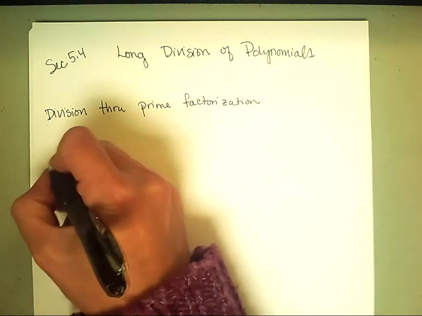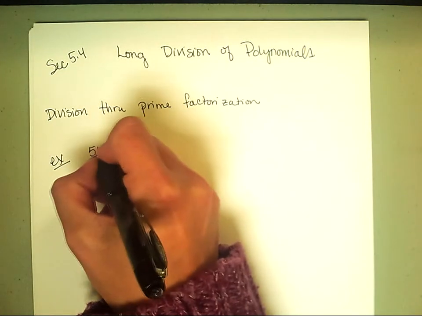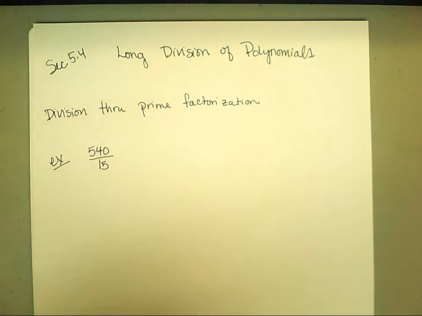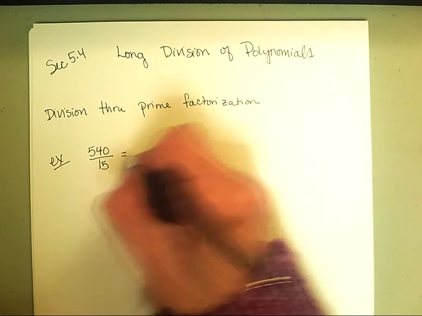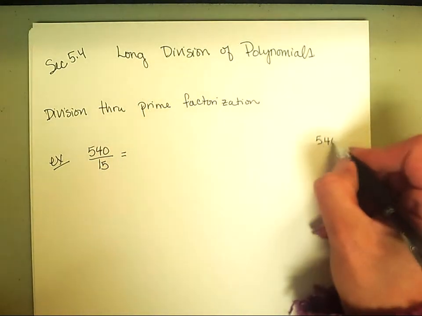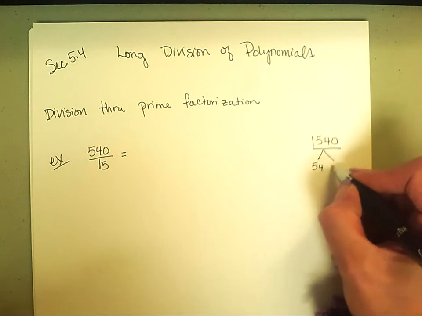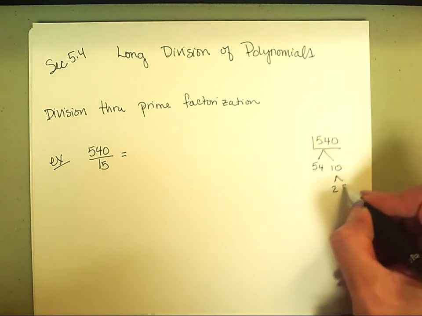So, for example, if we had to divide 540 by 15, well, we can take the prime factorization. Now 540, well, we know that's 54 and 10, and the 10 is 2 and 5.